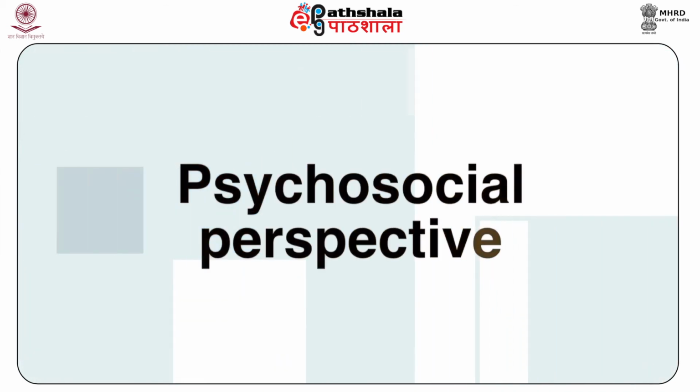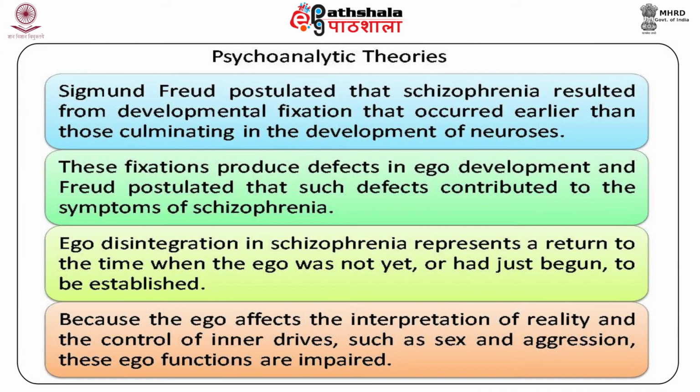Now we have psychosocial perspectives, wherein we would be discussing the psychoanalytical theories first. Sigmund Freud postulated that schizophrenia resulted from developmental fixation that occurred earlier than those culminating in the development of neurosis. These fixations produce defects in ego development, and Freud postulated that such defects contribute to the symptoms of schizophrenia.